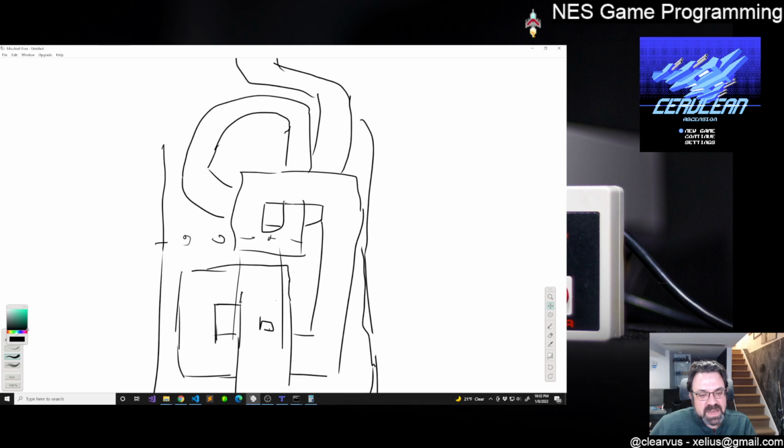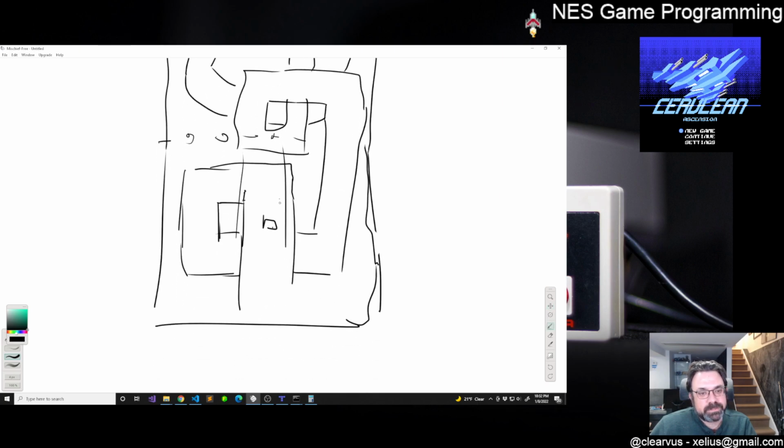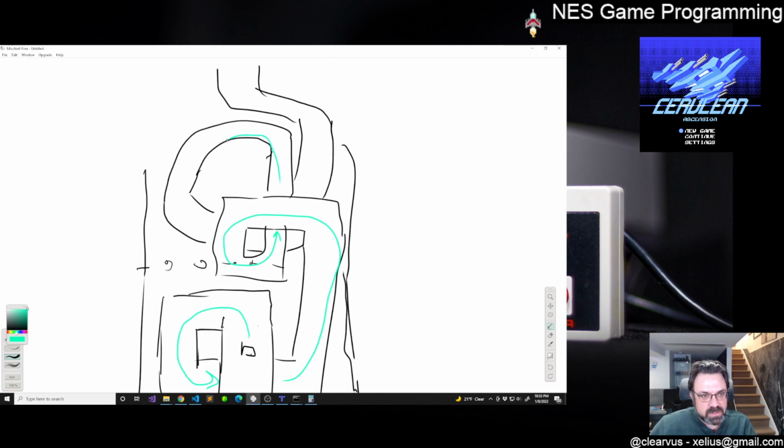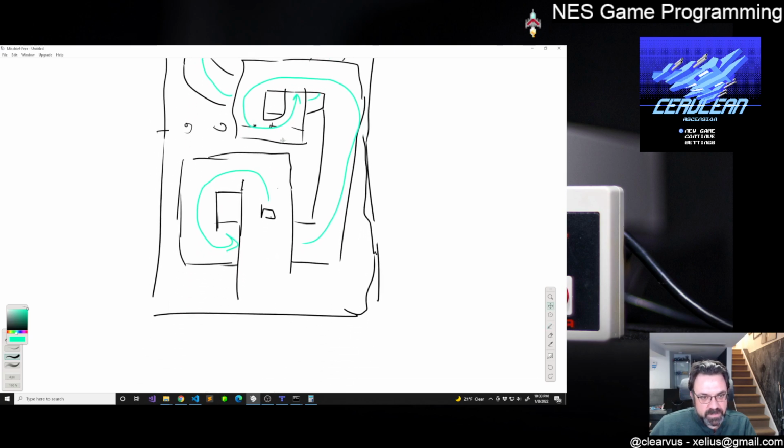I had never really thought about shmups in a way that looked at movement as a key portion of what you have to know to be successful in traversing the level.